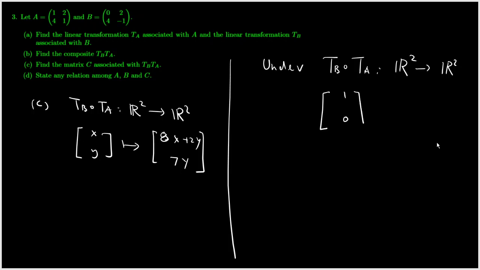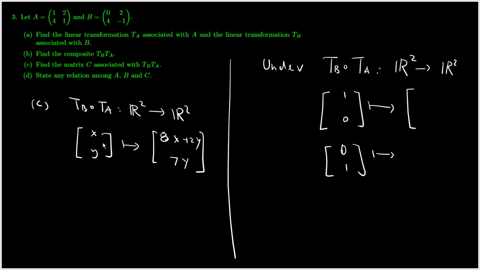So 1 0 and 0 1. Now you look at the definition, so basically the rule. You look at the rule for the composite.